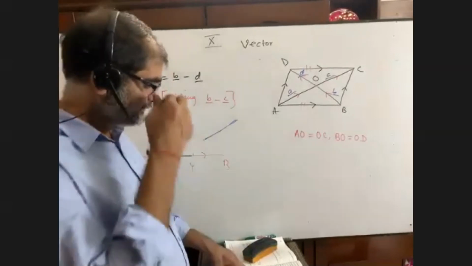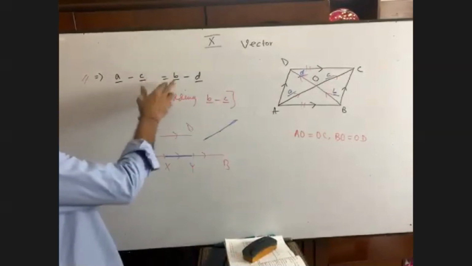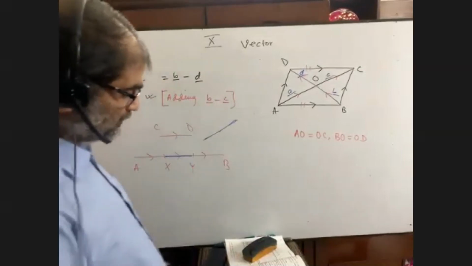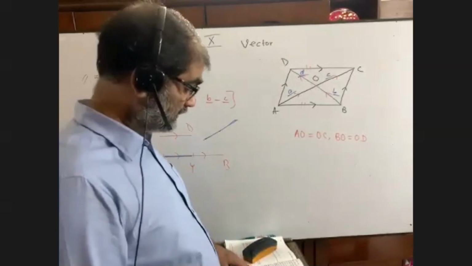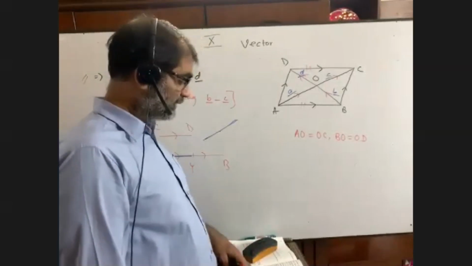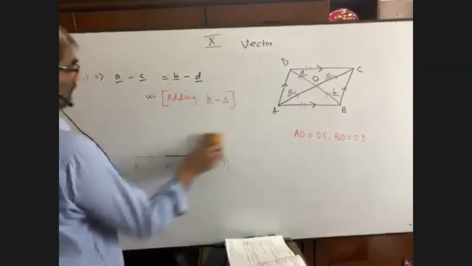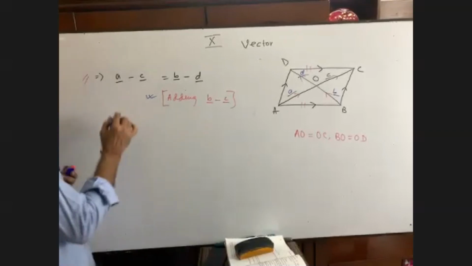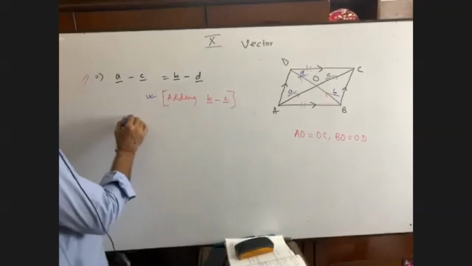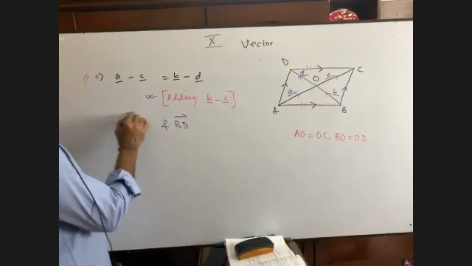Yes, sir. Now it is told, if they are equal and non-zero vectors, then their lines of support are same or parallel. I am writing here. You see, this is the most important. I am telling about AC and BD.